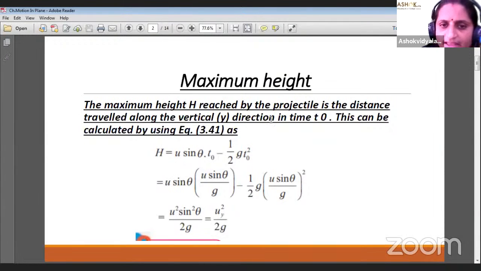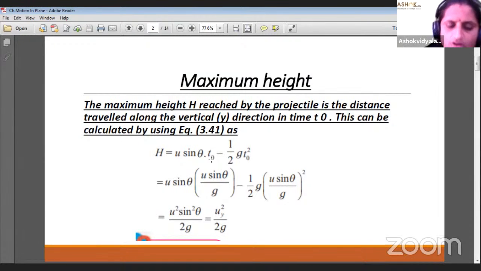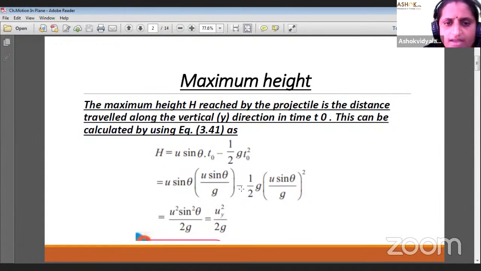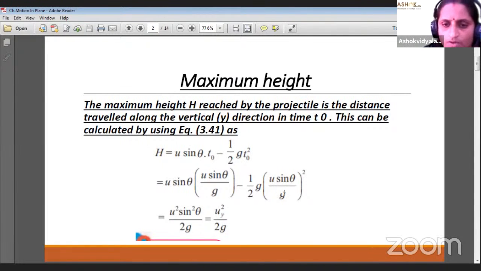Here, t0 is the time of flight, which we already saw in the last lecture. Solving this equation, we substitute t0 as u sin theta upon g, giving u sin theta into u sin theta upon g minus half g into bracket u sin theta upon g square.